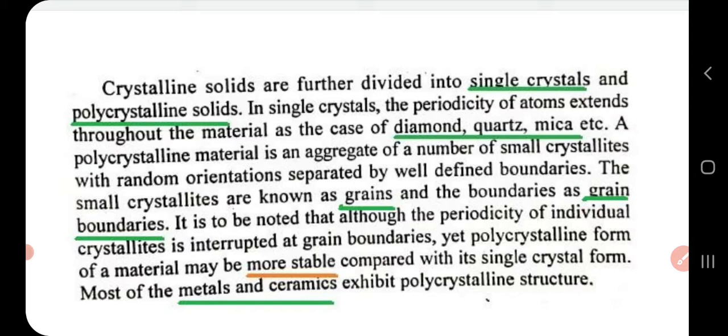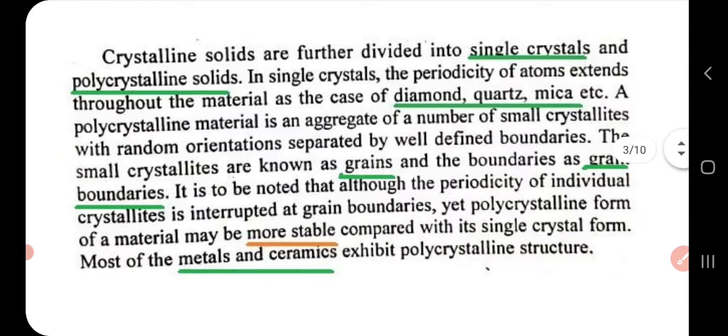So it is an aggregate or collection of a number of small crystallites called grains, with random orientations. That is, these grains will be oriented in different directions, and they are separated by well defined boundaries called grain boundaries. So polycrystalline material means a collection or aggregate of a number of small crystallites called grains having random orientations and separated from each other by grain boundaries.